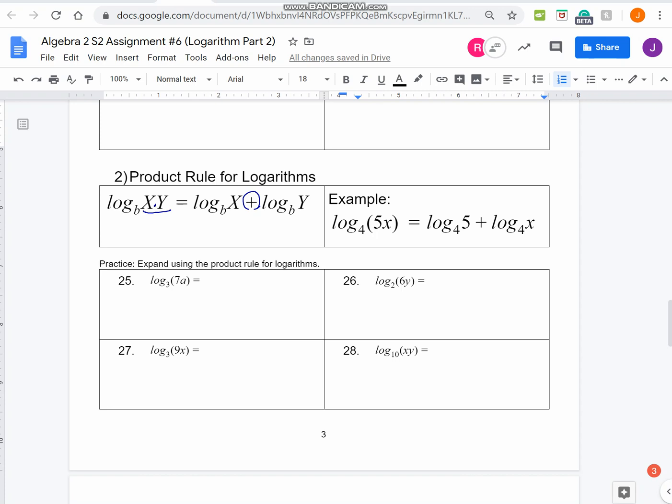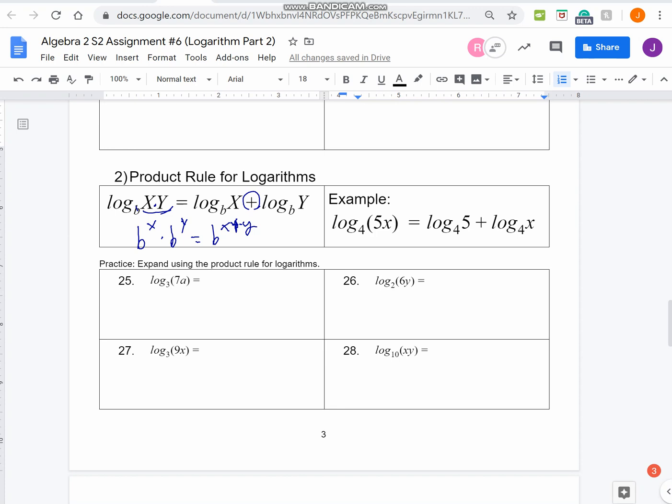So in the product rule of exponents, when you have b to the x times b to the y, you were supposed to change it into b to the x plus y. Just like that, when you are multiplying these arguments, what you can do is break it down into plus, but separately. So log base b of x and log base b of y, and make sure that it's plus in the middle.